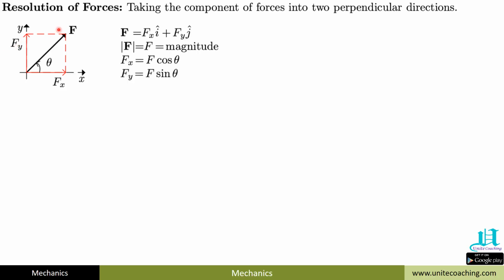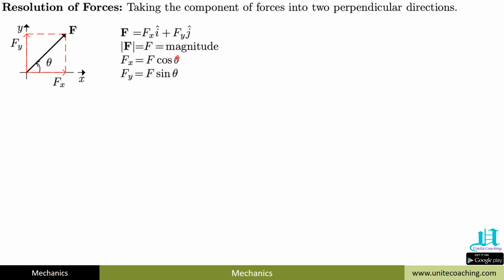So the vector f will be denoted as fx i cap, the x component, plus fy j cap, the component in the y direction. Alright, so this is the two-dimensional representation of the vector, and the magnitude of the vector f will be equal to italic letter f. This is just the representation and it represents the magnitude.